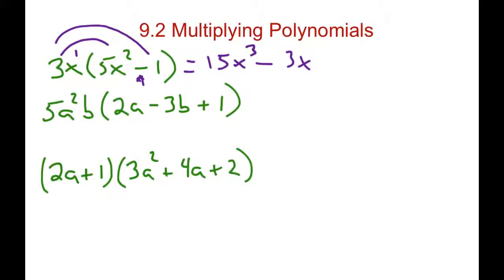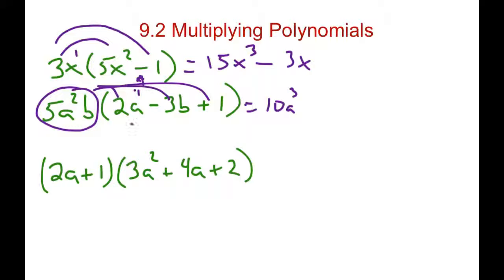Alright, next one, same idea. I'm going to distribute all of this there, there, and there. So 5a squared b times 2a. 5 times 2 is 10. A squared times a to the first is a to the third. And then I have a b, but there's no b over here, so just b.